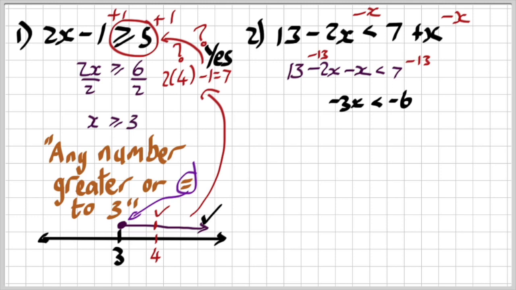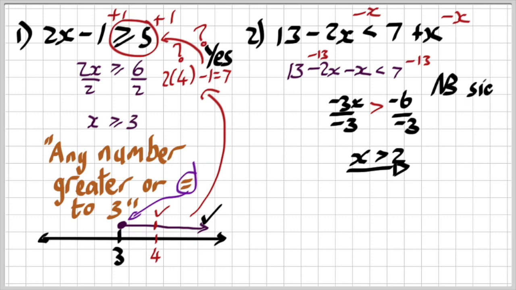But here is where the big difference comes in between linear inequalities and linear equations. If I divide both sides by -3, my inequality sign has to swap around. This is a very basic fundamental rule you can learn. So this means that x is greater than 2.